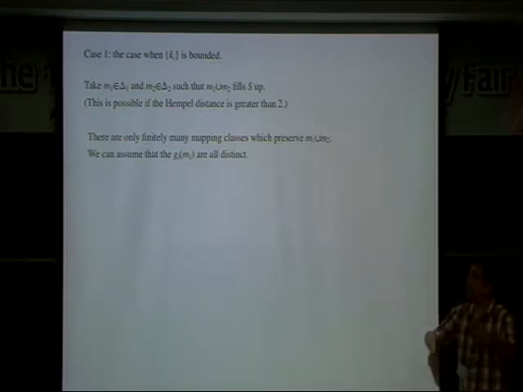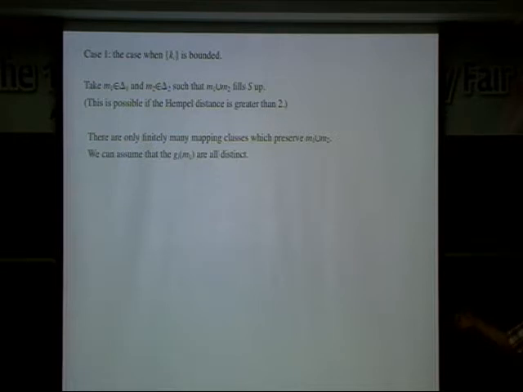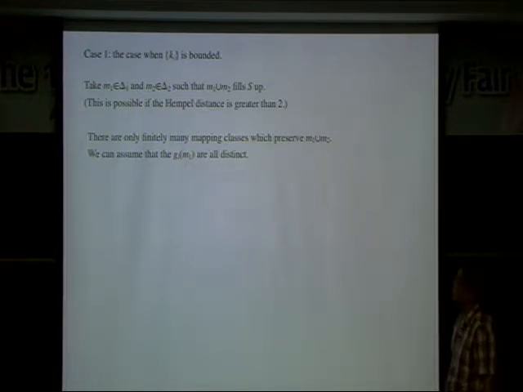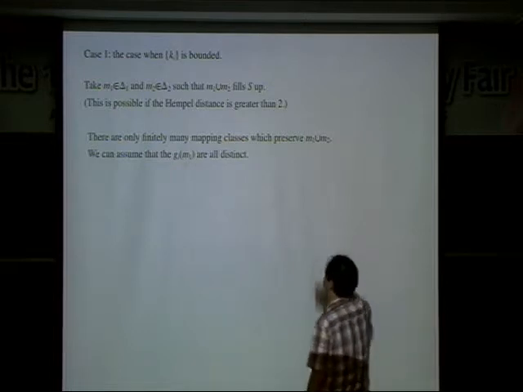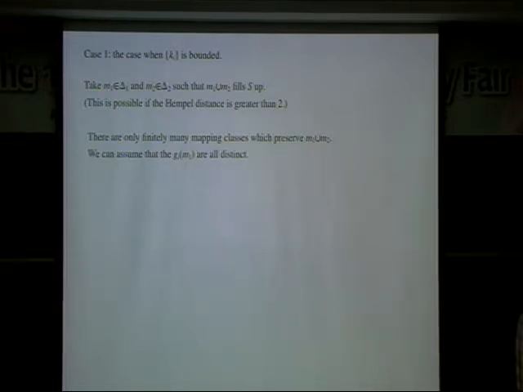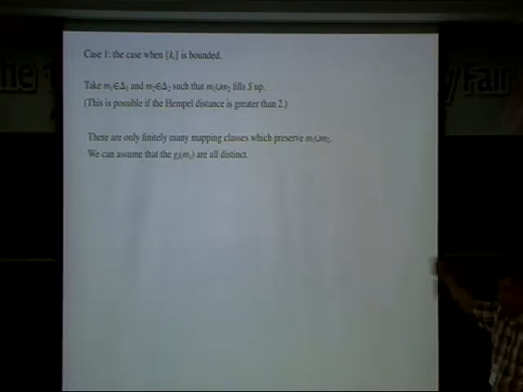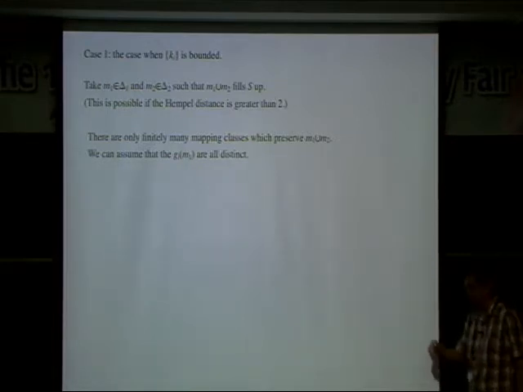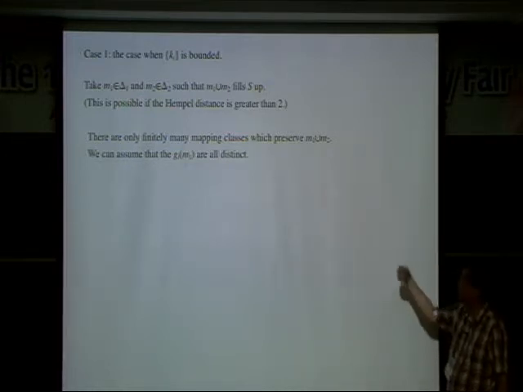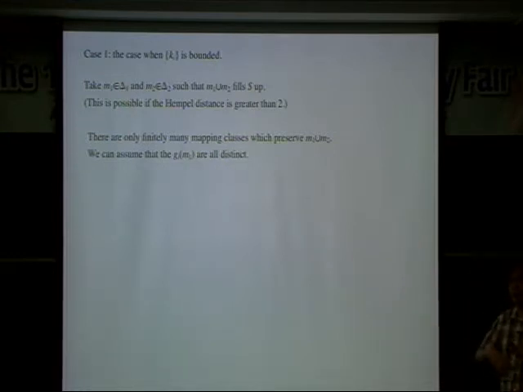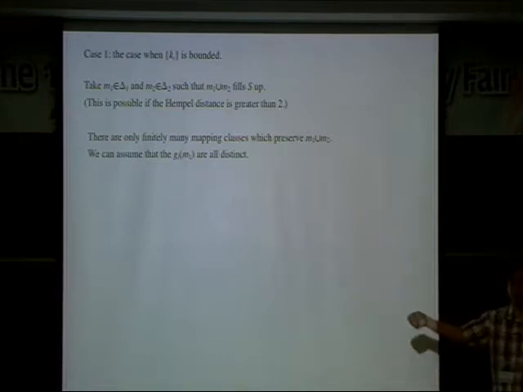So if you take any meridians, one from delta 1 and the other from delta 2, then they should fill up S. Then that means that if you consider the translates of M1 and M2, and consider a sequence in the group generated by G1 and G2 that preserves M1 union M2, then the sequence should be eventually constant after passing to a subsequence.